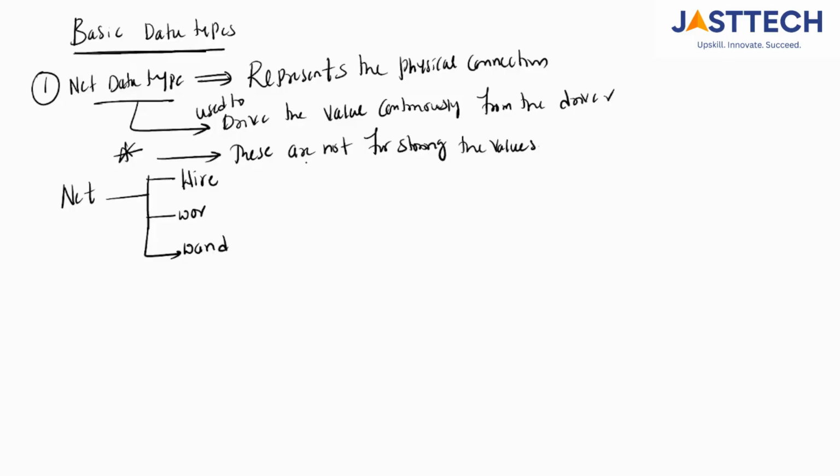Suppose, as an example in Verilog, I'm writing a sample snippet: module example, wire A, end module.